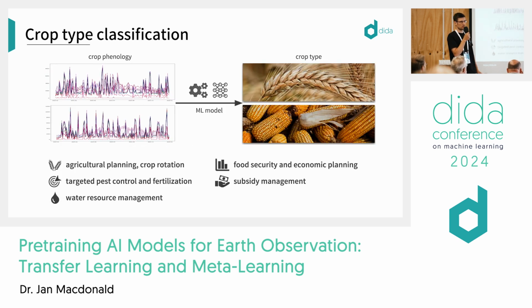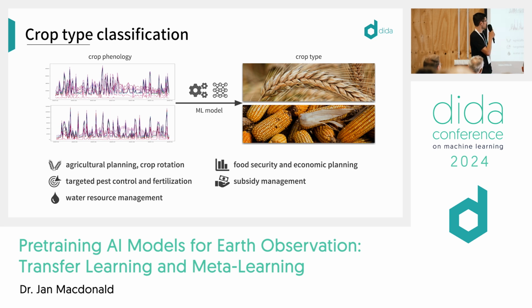So as I said, it's crop type classification. What we want to do is classify so-called crop phenology data. I will tell you on the next slide how we actually get to this from the satellite imagery. The idea is that phenology describes the growing stages of crops over a season, and in this case, it's always representing an entire year.